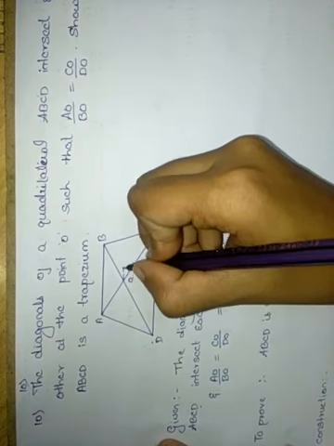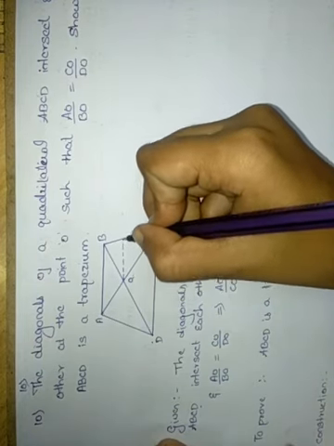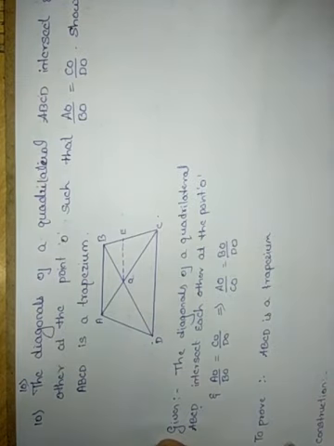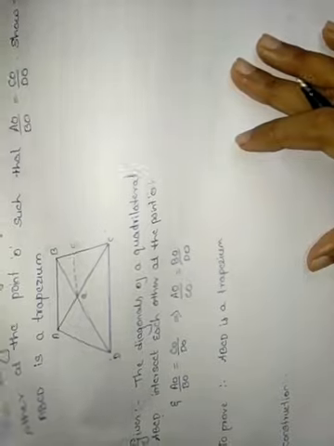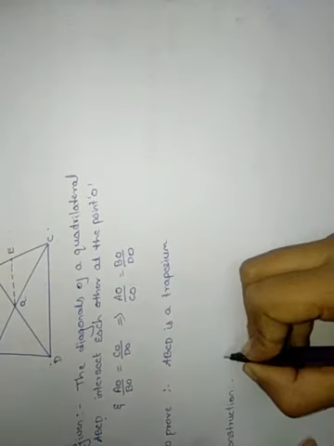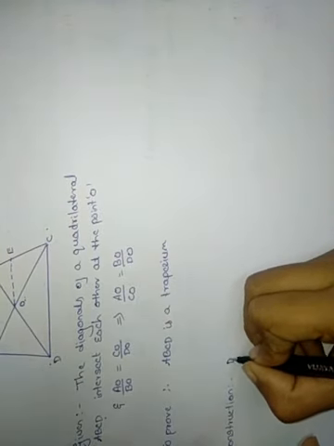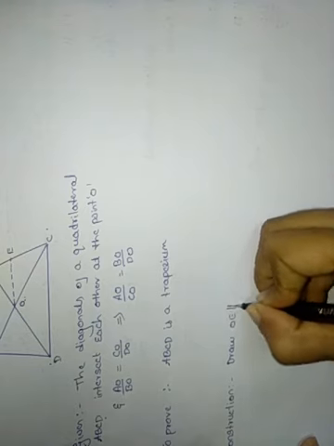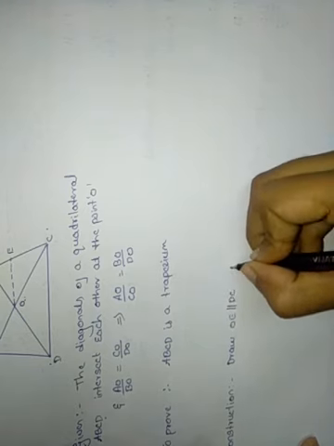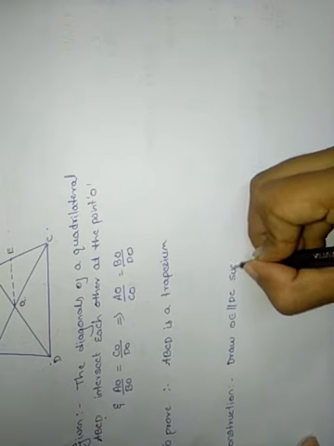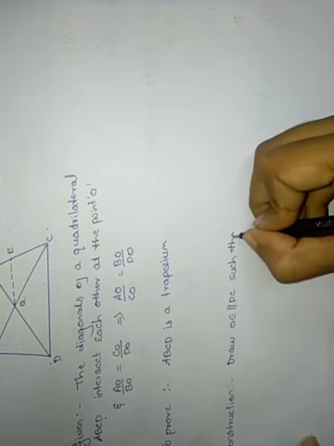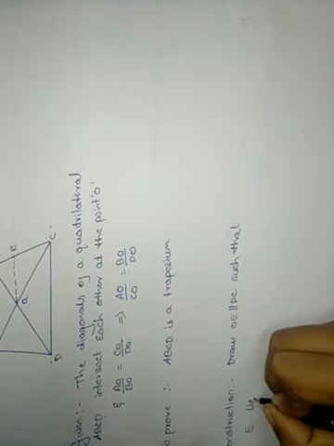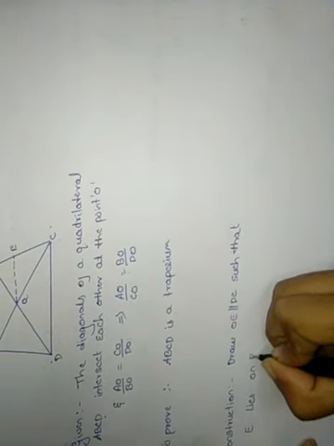We'll draw a line which is parallel to DC and point E is lying on side BC, right? Construction: draw OE parallel to DC such that E lies on BC.